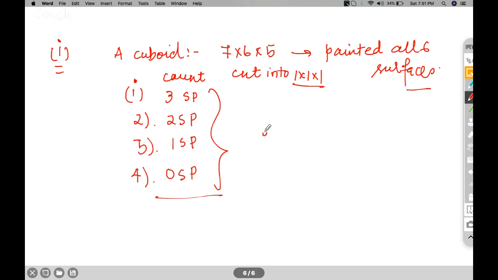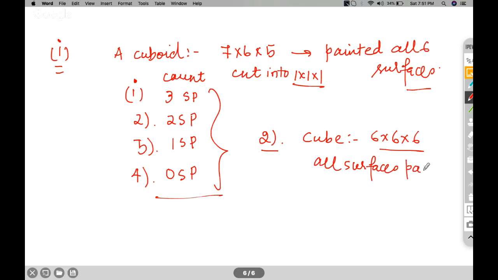So this is your first homework. Second homework is, suppose you have a cube of 6 into 6 into 6. Again, all sides painted, all surfaces painted, and then you have 1 into 1 into 1 cutting. Same you have to find here also.